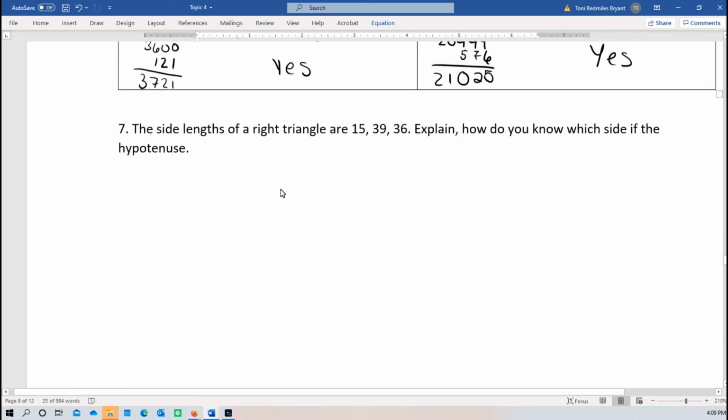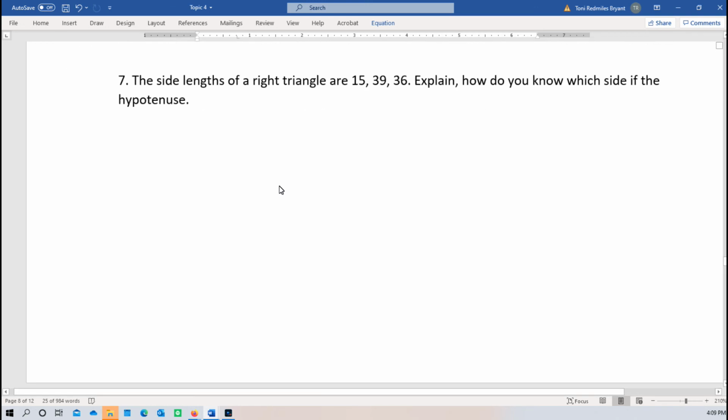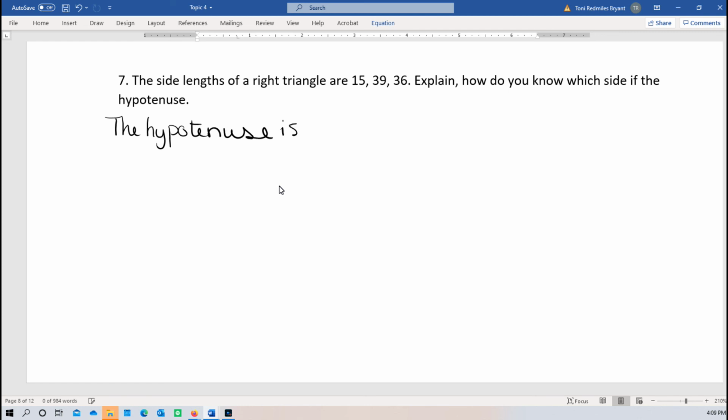The side lengths of a right triangle are 39 and 36. Explain how you know which side is the hypotenuse. The hypotenuse is the longest side in a right triangle.